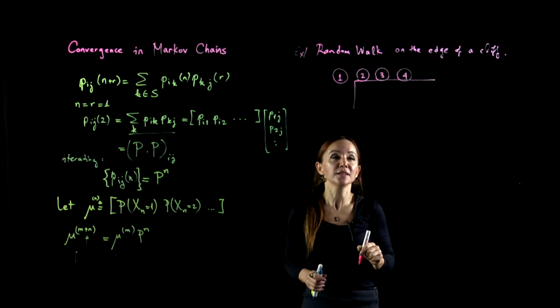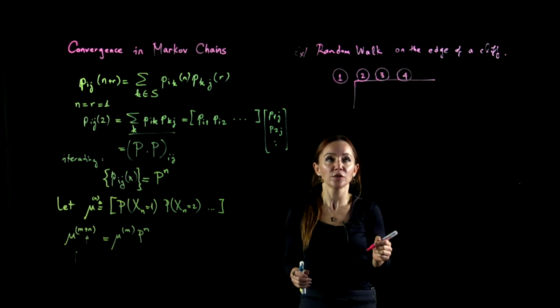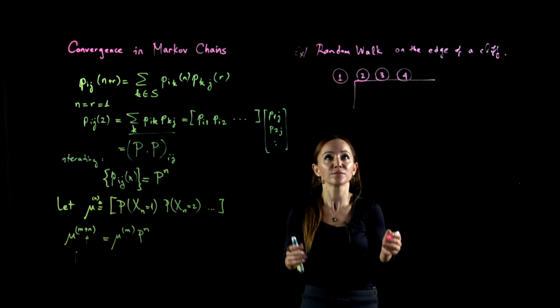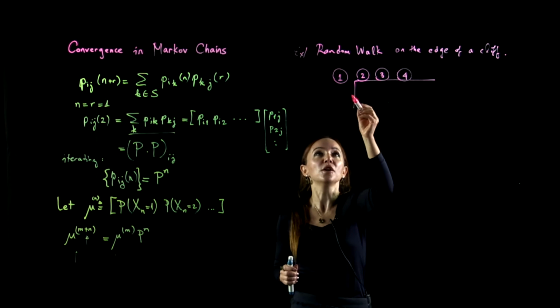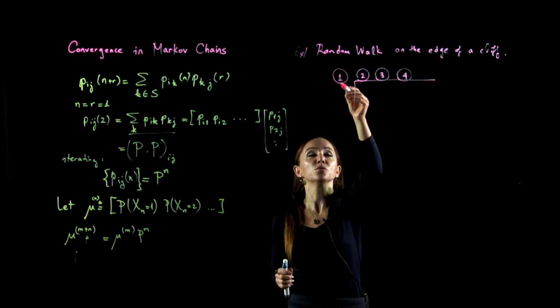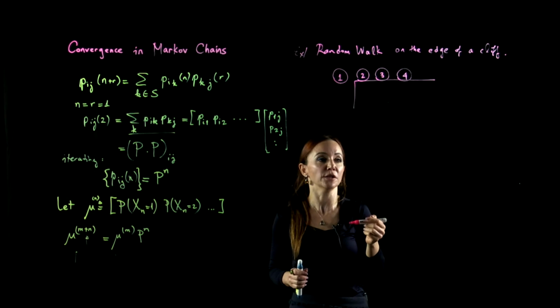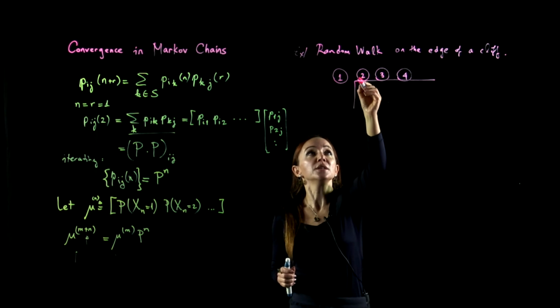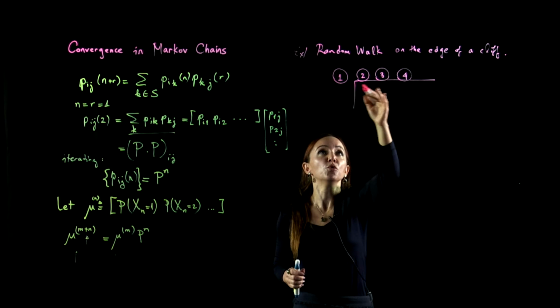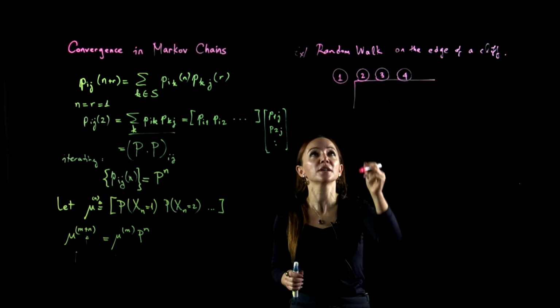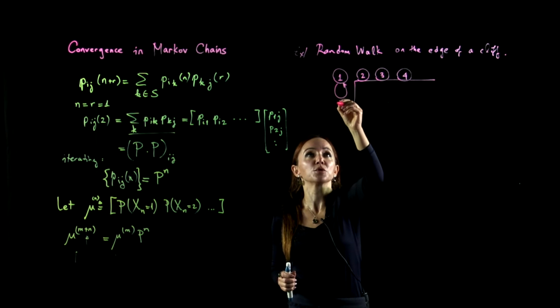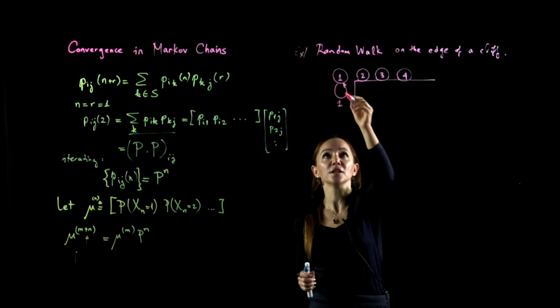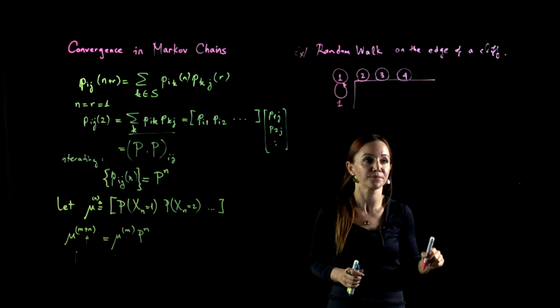We're doing a random walk without looking at the cliff, or without trying to avoid falling off the cliff. If we come to position 1, it means we fell off the cliff. So think of some particle moving between these 4 positions. If the particle is in state 1, it means it fell off the cliff, so game over. Once it reaches state 1, it will stay at state 1.